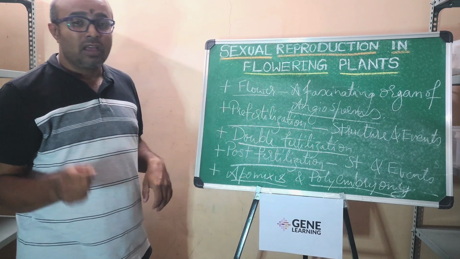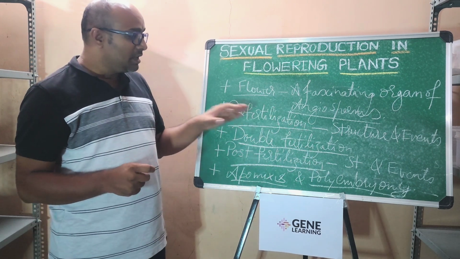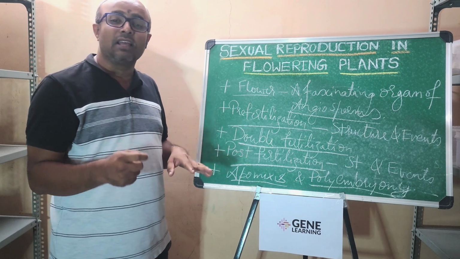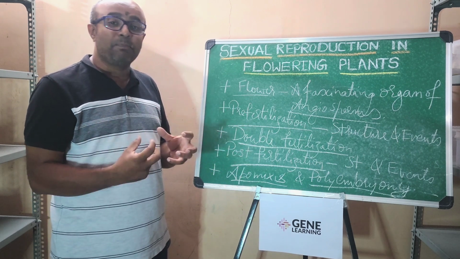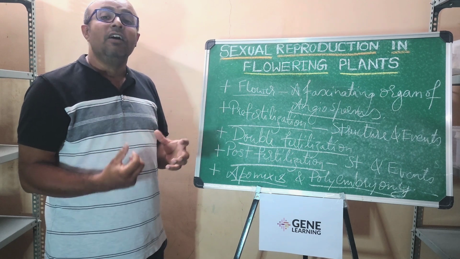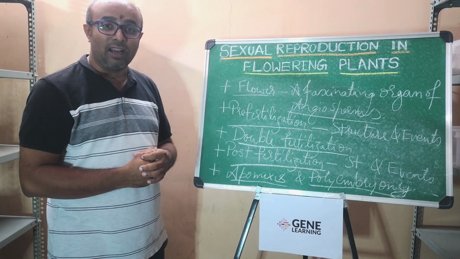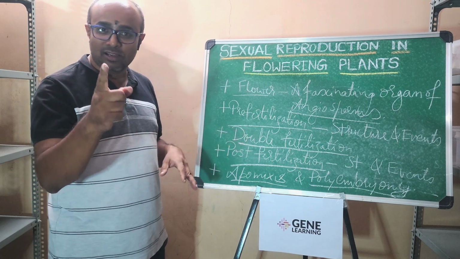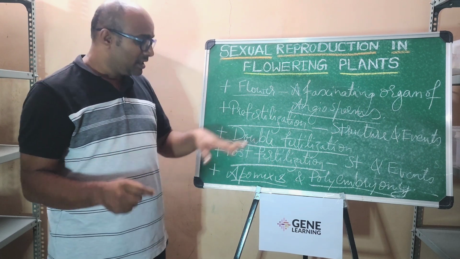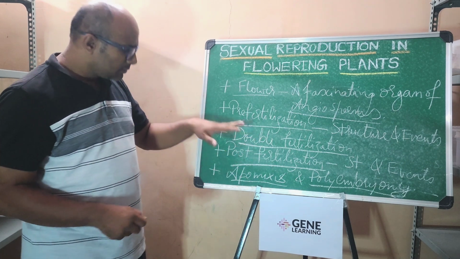Double fertilization is a very fascinating process where, during fertilization, what happens inside an ovary is that it is fertilized by two male gametes from a pollen grain. Yes, it sounds interesting, right? Hang on, we'll talk about it.